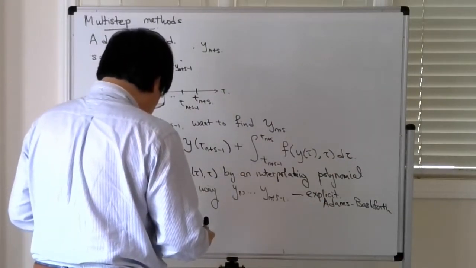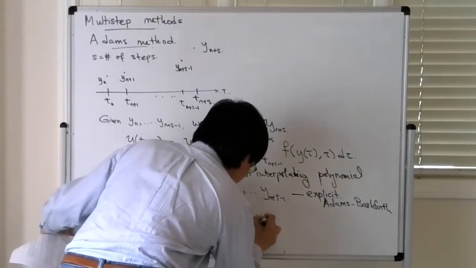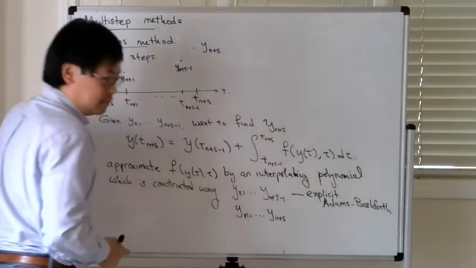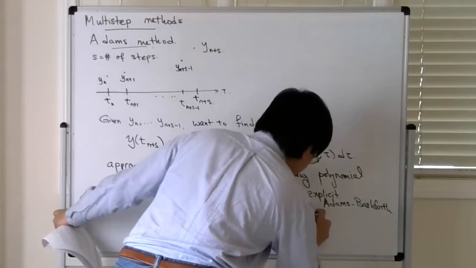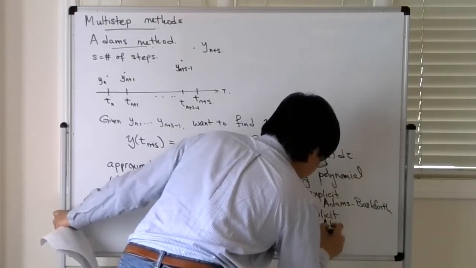Okay. And if you actually use something which involves yn to yn plus s, where the n plus s term is the as yet unknown solution, then you get an implicit method which is called the Adams-Moulton methods.